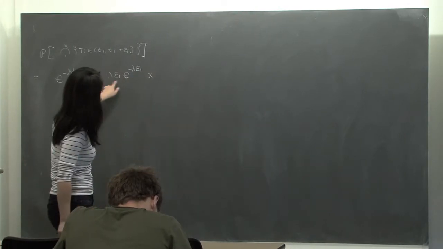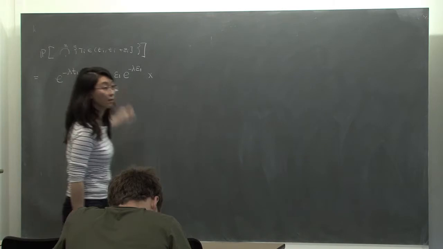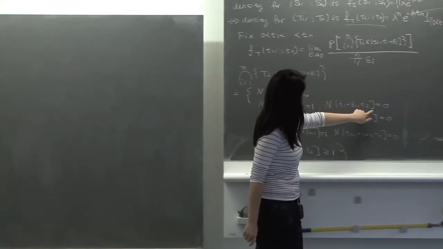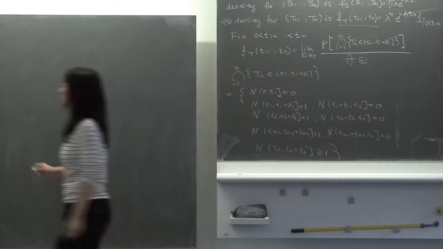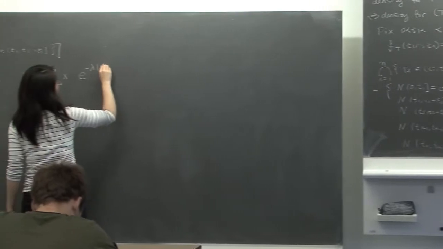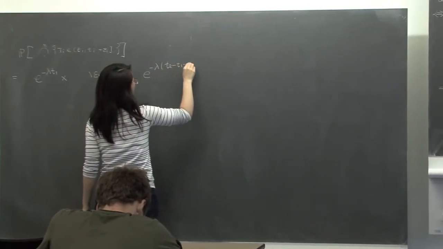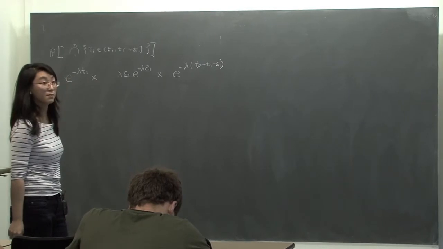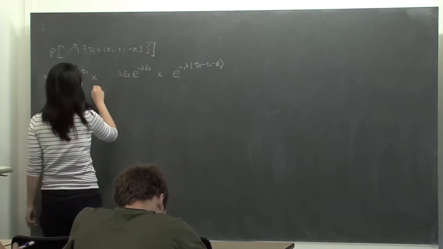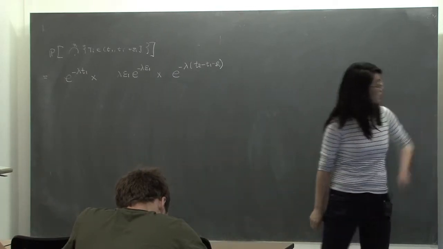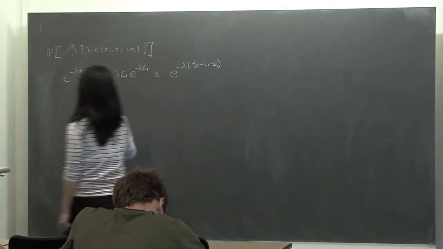So this is the Poisson random variable equals 1. And then for this event, this Poisson random variable equals 0. So this is the probability for the third event. Okay, so all these events have a similar type.